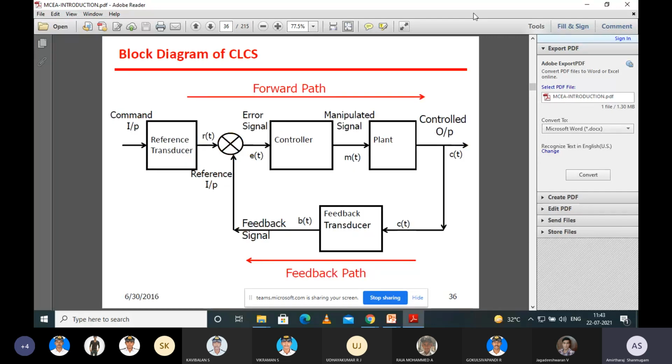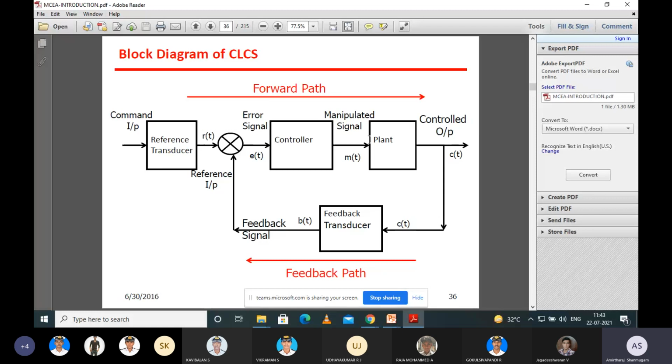This is our system, the plant and the controller. Like our fans, we are taking the fan speed. Suppose, for example, you measure the speed, 1000 RPM is running, and you compare and generate the error signal; if we need to increase by 200 RPM only, we adjust the motor.